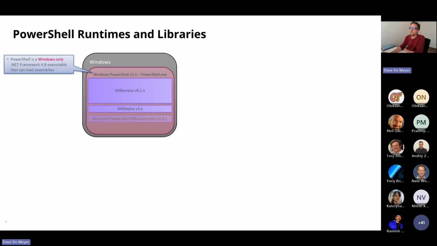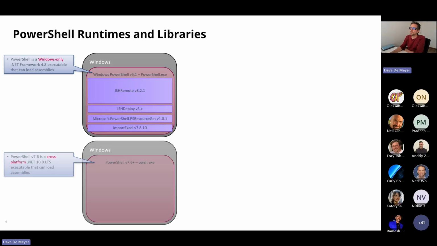It's in that PowerShell.exe that you load libraries. It can be the ISHRemote library, the ISHDeploy library is in there, but there are many other libraries. A favorite of mine is ImportExcel, which allows nice integrations to create Excel files and do some custom reports.